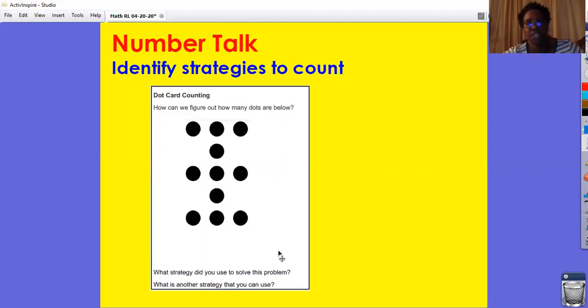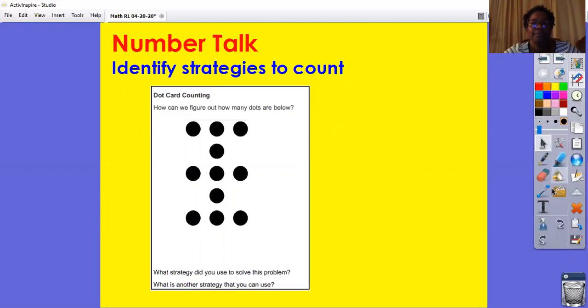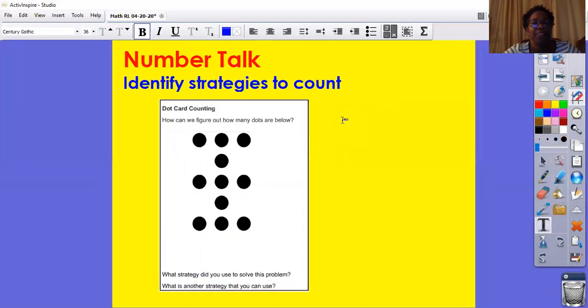What strategy did you use to solve the problem? I'll give you a moment to think about that. Okay, and so what strategy did you come up with? Great. I was thinking about that.